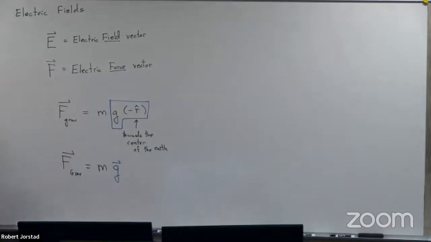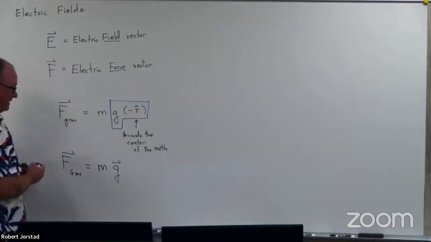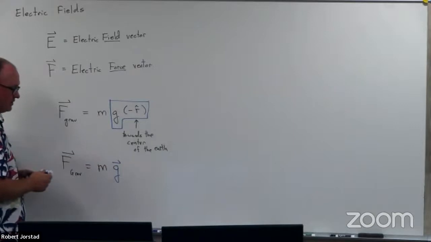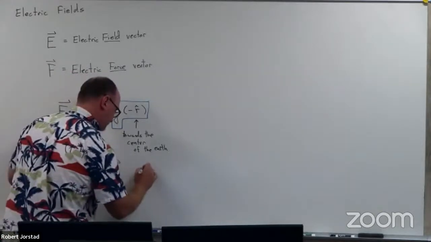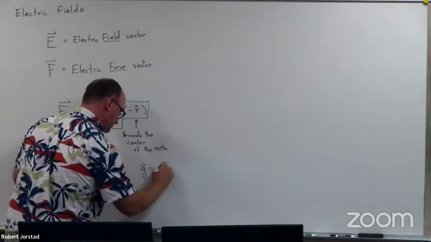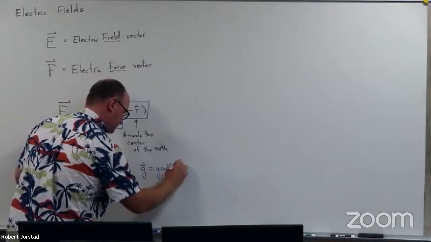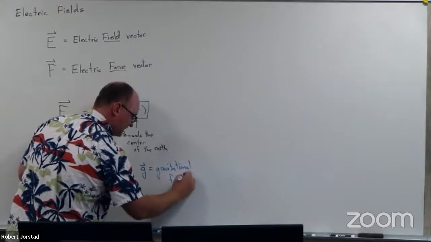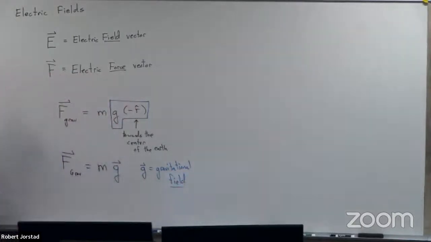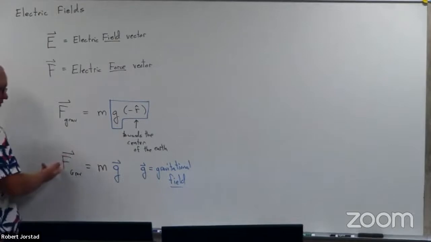And it turns out the g vector could be called the gravitational field. It's not the force, but rather the force per unit mass.